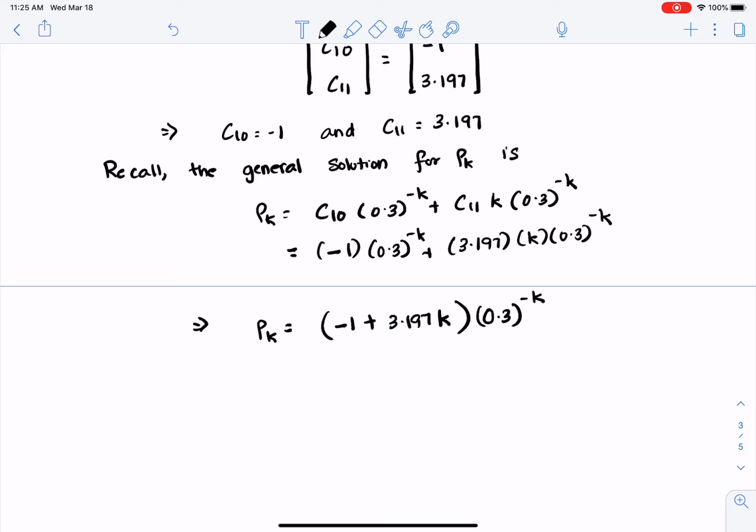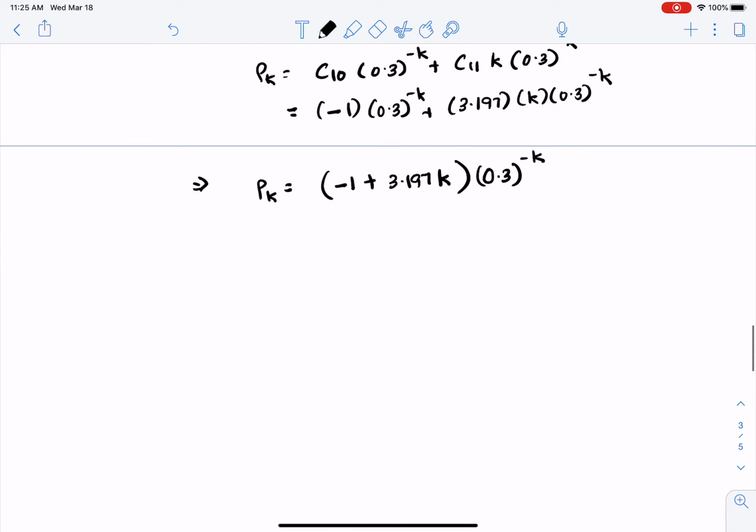Now that we have an expression for row K, we could plug in the value of K to find row 3 and row 4.